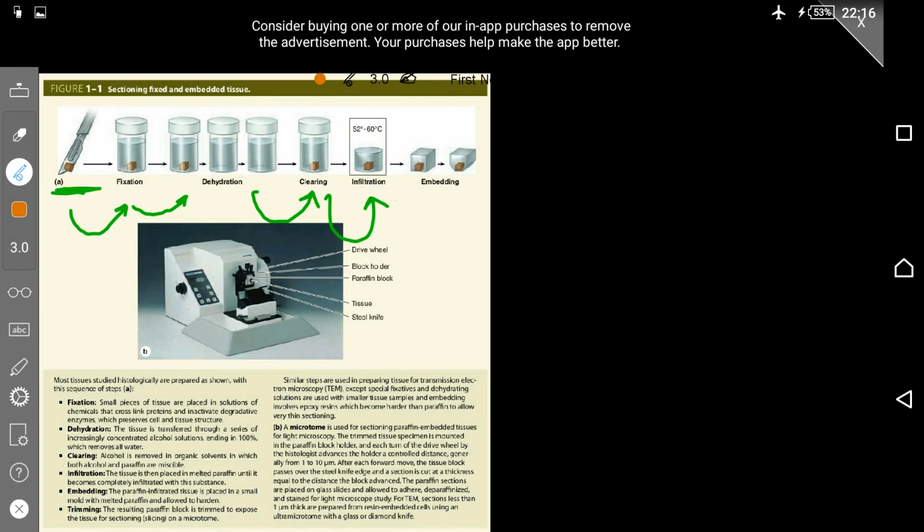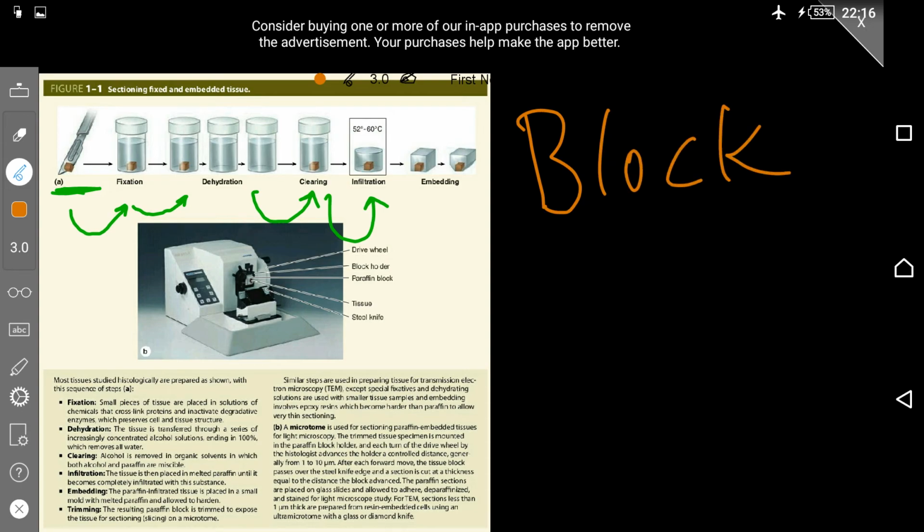Literally, in the embedding, the tissue is being cut into portions, into slices, and put into another dish or another holder, so that the liquid paraffin that was inside of it is being introduced into another temperature, and this temperature allows the tissue to be completely hardened and form a block of paraffin filled tissue.